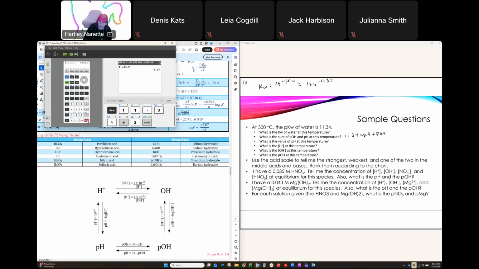And so each one should be 5.67. And so if I add those two together, that would give me that 11.34. Okay. And because we know how to go between the pH and the H3O+, again, that's 10 to the negative pH. And so that's 10 to the negative 5.67. The same would be true for the pOH.